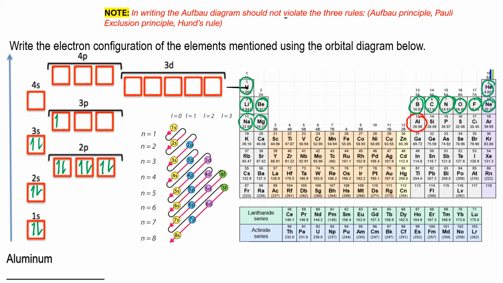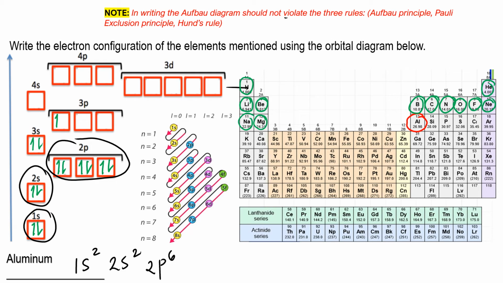Now we will try to transform this orbital diagram into the standard form of electron configuration. So we can write that as 1s2, 2s2, 2p6, 3s2, and the last one is 3p1.